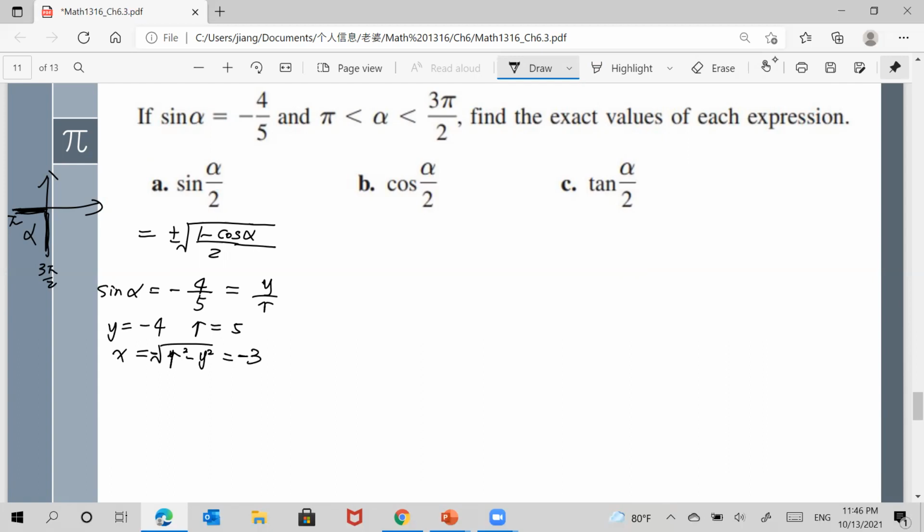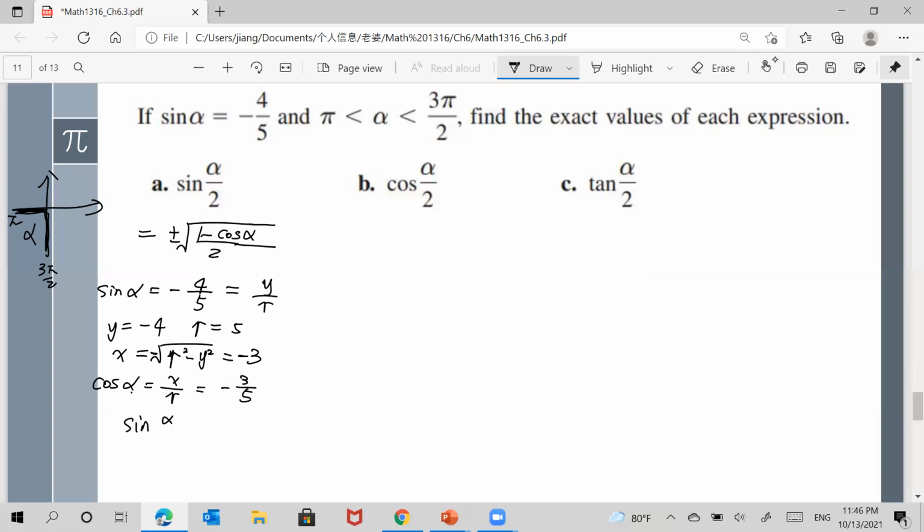Here is negative. So we have the x, y, and r. Cosine alpha is x over r. That's negative 3 over 5. This is not a hard one because r is just a 5. Okay, so we know the cosine alpha and plug it in the equation.